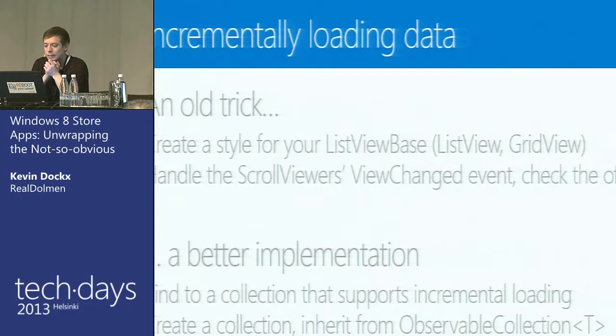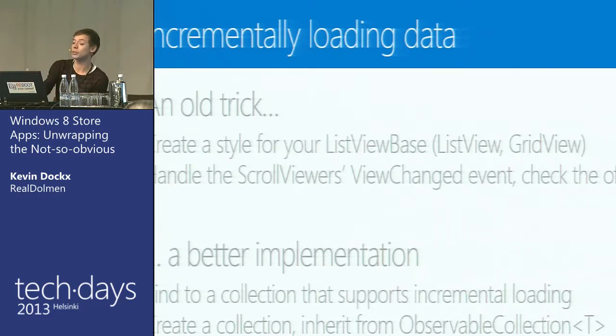And that's simply overriding, or rather creating a style for your grid view or list view. In this case, anything list view base, which will contain a scroll viewer. And that scroll viewer will have an event, view changed, it's called here, which will fire every time the user scrolls.